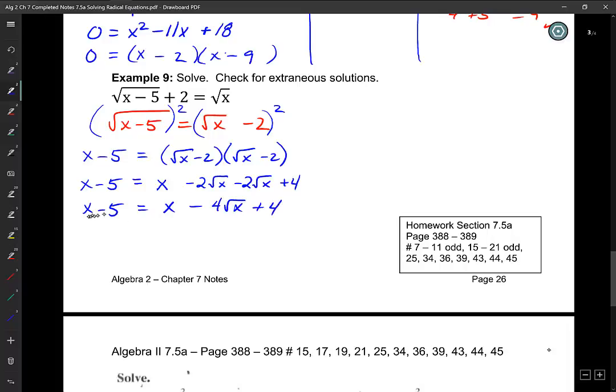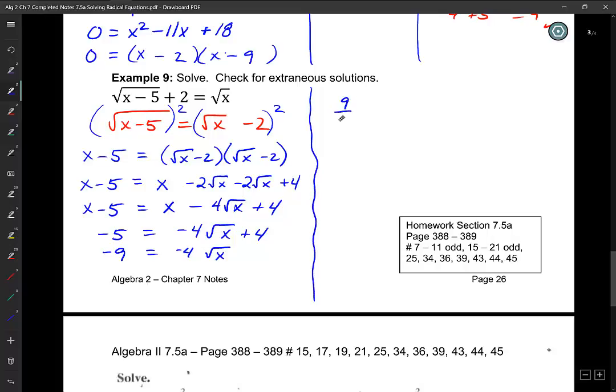It seems like the x's are going to cancel out, leaving you negative 5 equals negative 4 root x plus 4. I'm going to subtract off the 4 here, and that's going to give me negative 9 equals negative 4 root x. Going to come up to our next column, divide both sides by negative 4.